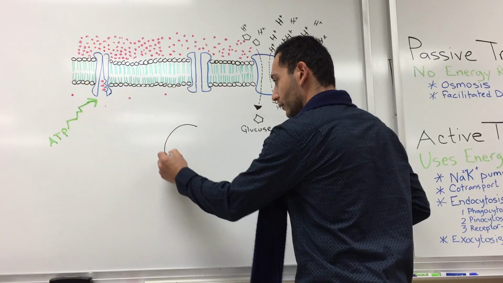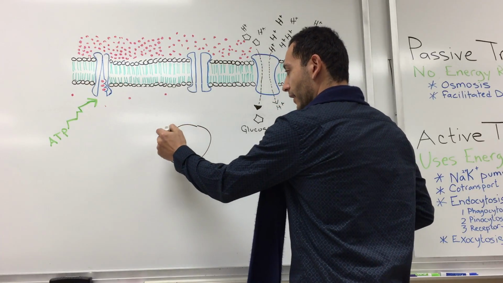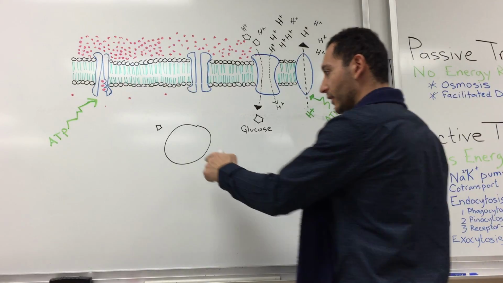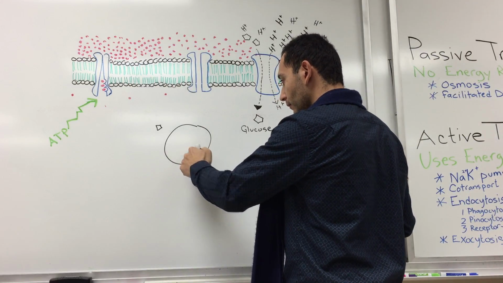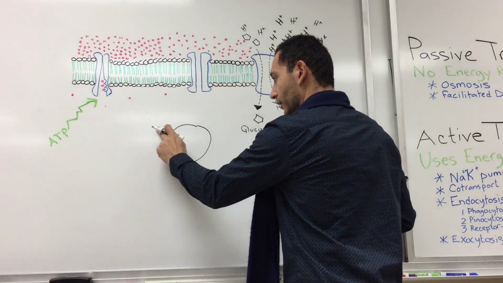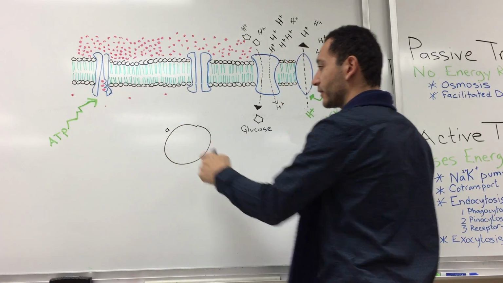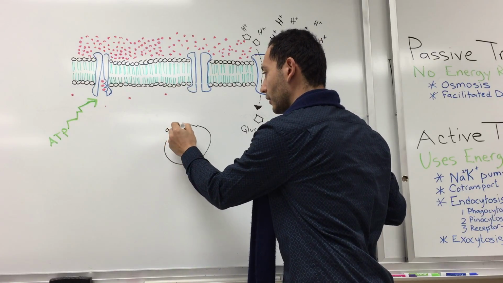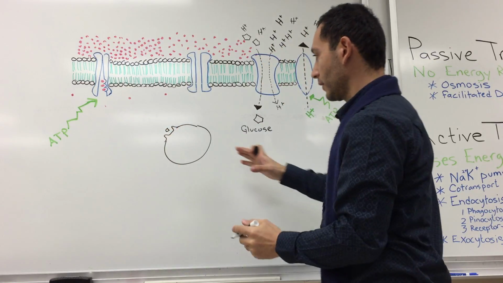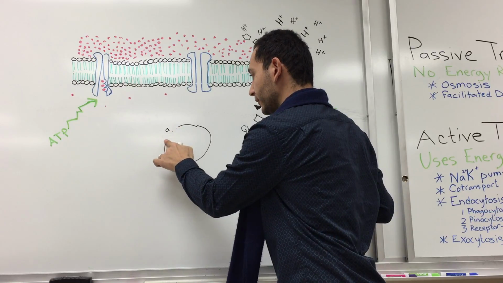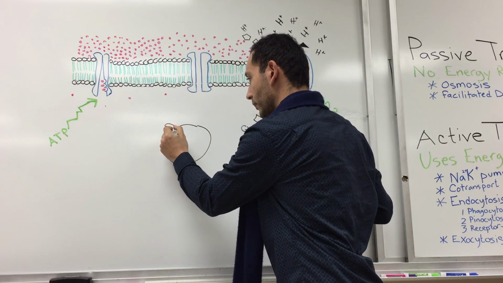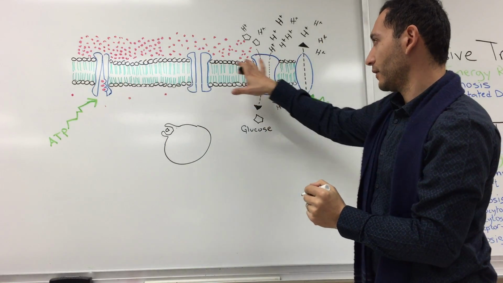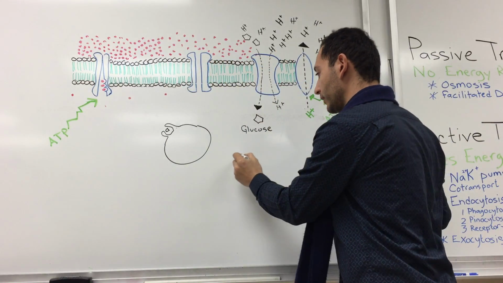If this were a cell, and we have some sort of molecule that needs to get into the cell, as this gets closer, the cellular membrane now begins to engulf, like these little pseudopods, and begin to engulf the molecule, just like that. The plasma membrane is extremely fluid.